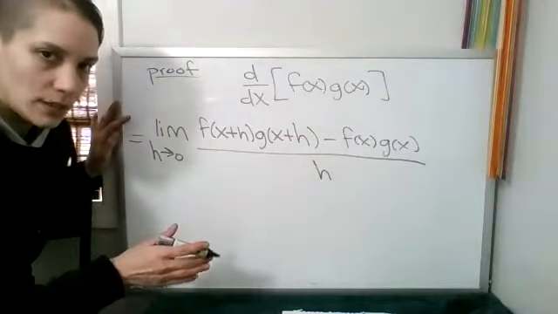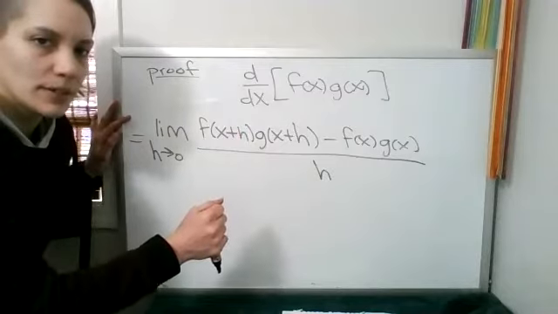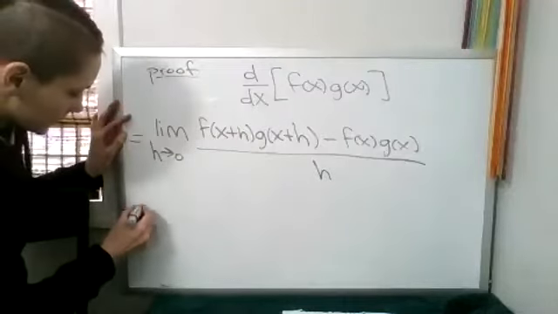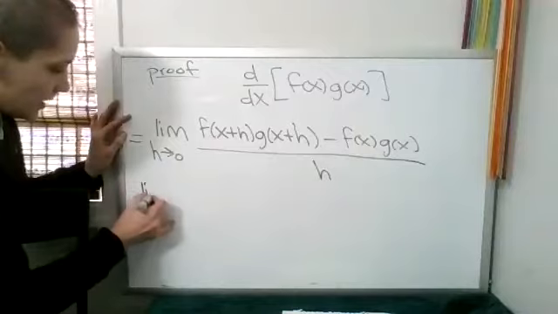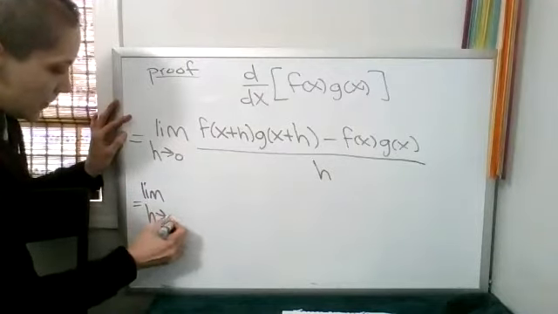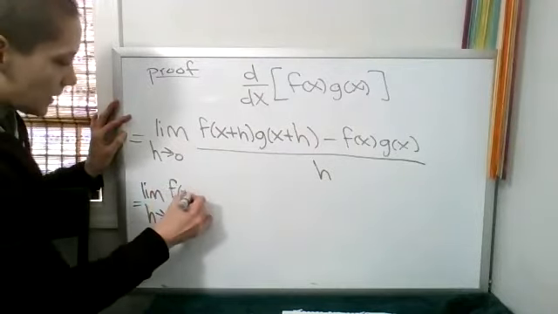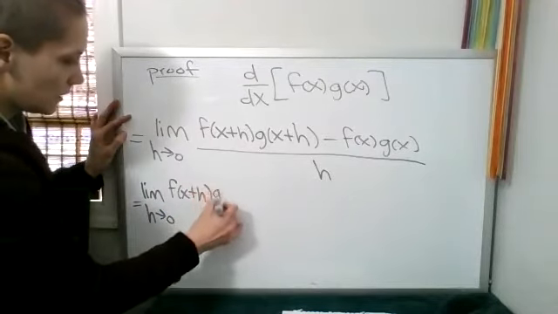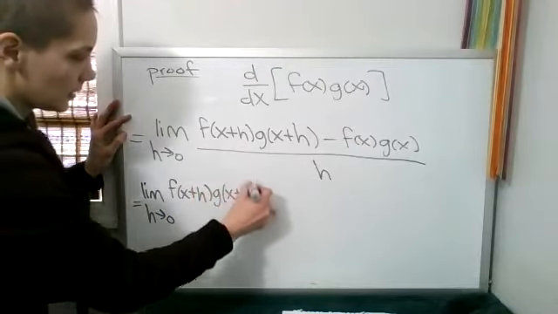So we do a little trick where we add and subtract the same number. Here's the limit as h goes to 0 of f of x plus h times g of x plus h.